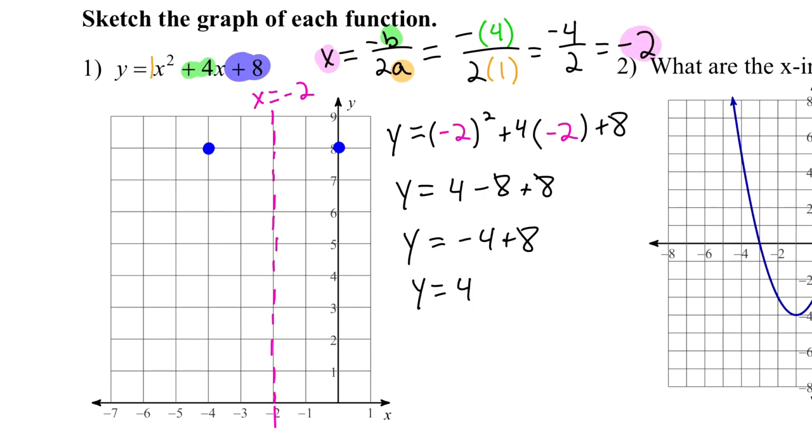So that tells me that my vertex is the point negative 2, positive 4. And so I can take that point right here, negative 2, positive 4, and that will be my vertex.